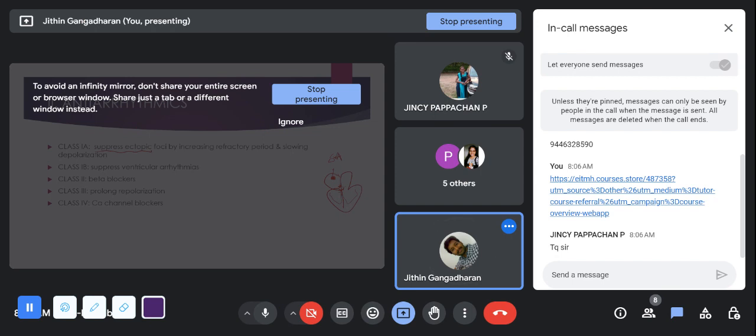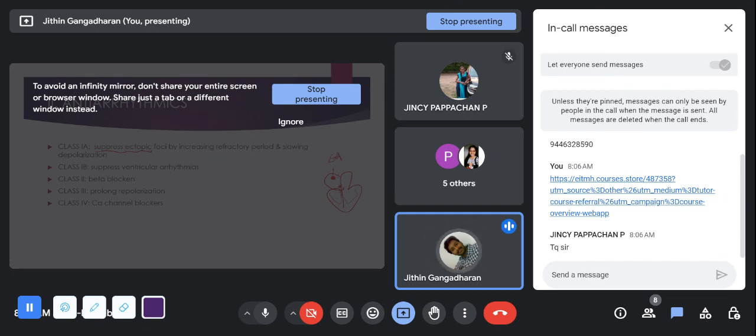Just leave that. Just understand that it suppresses the ventricular arrhythmias. The drugs are lidocaine, or lignocaine, as well as phenytoin. Lignocaine and phenytoin are the drugs of choice for class 1B.